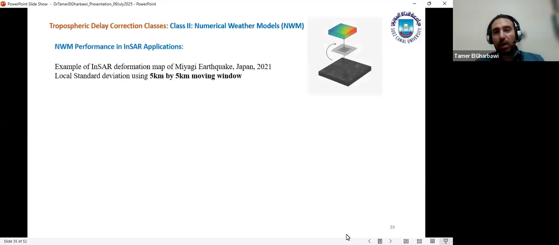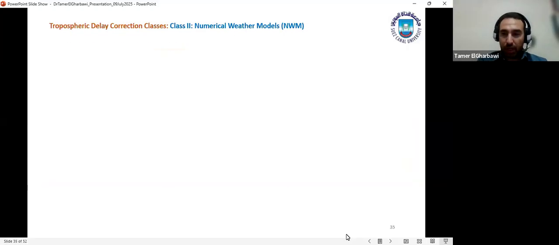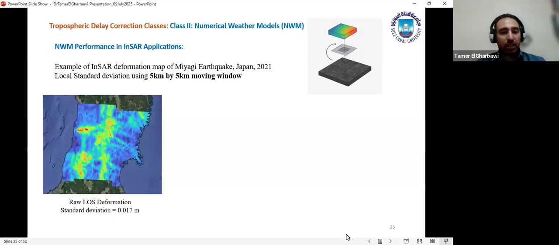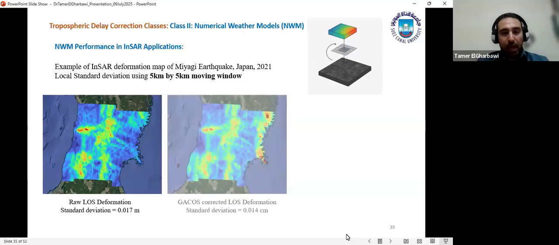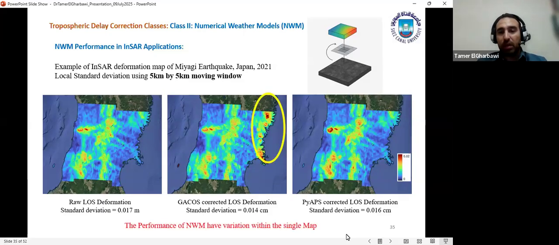However, these results are based on the standard deviation of the whole image. But we can also use a moving window. We use a moving window of 5 kilometer by 5 kilometer in order to calculate the local standard deviation of each part. We can see here the local standard deviation of the line of sight deformation for Miyagi. This is GACOS and this is PyAPS. We can see in this part that the local standard deviation has increased.